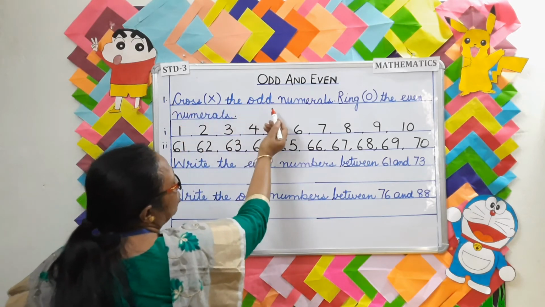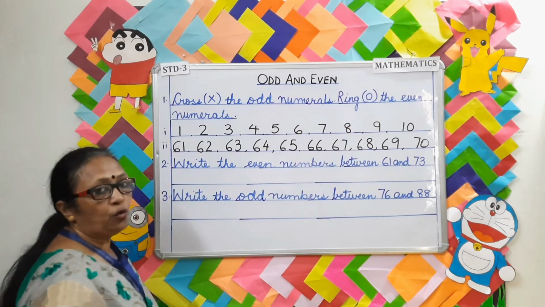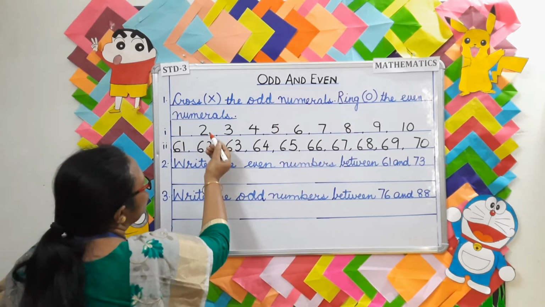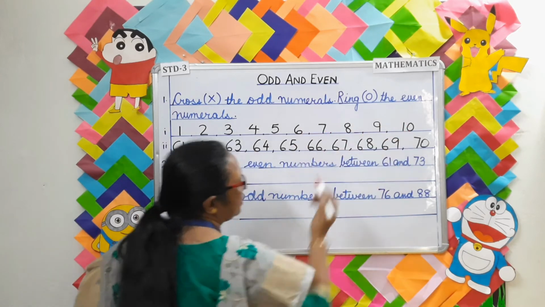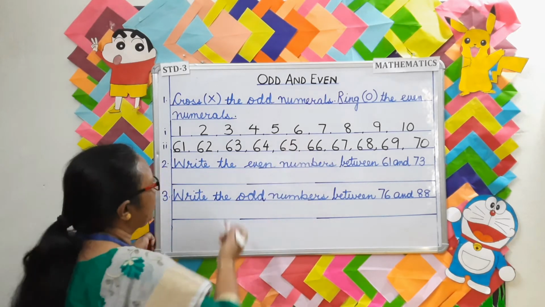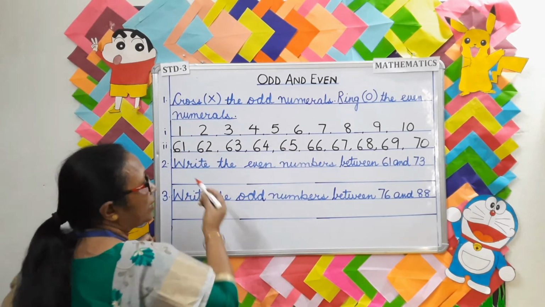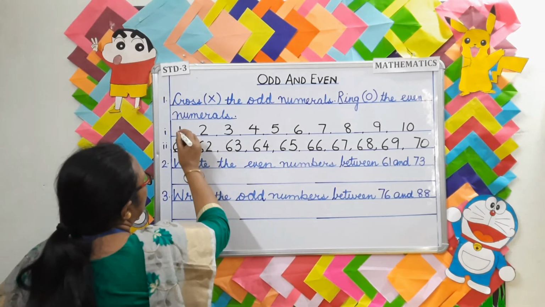Cross the odd numerals and ring the even numerals. Now 1, 2, 3, 4, 5, 6, 7, 8, 9, 10. Now, which are the odd numbers here, children? 1. 1 is just 1. Does it make a pair? No. So, this is odd.